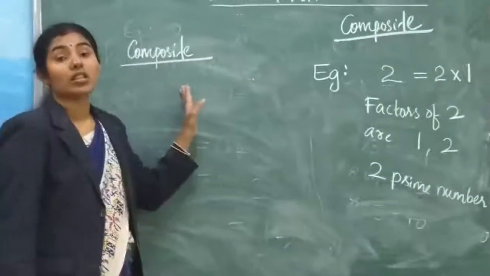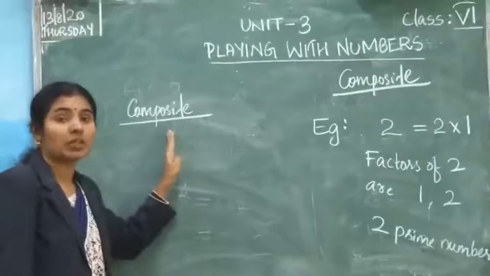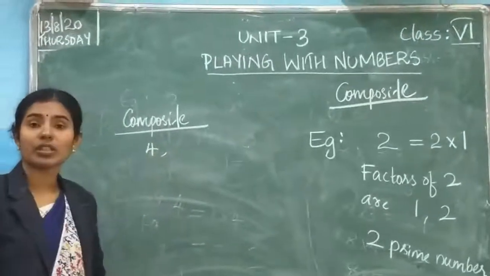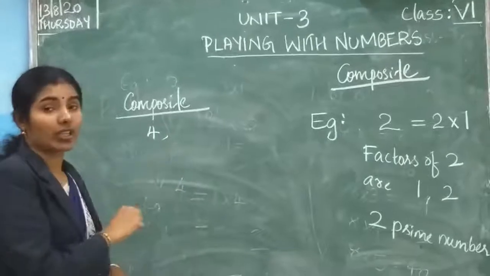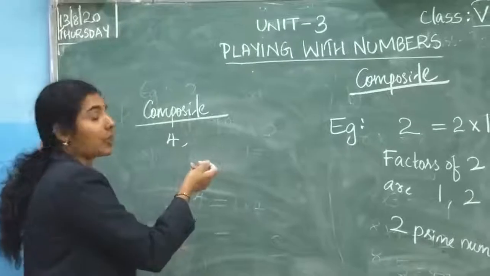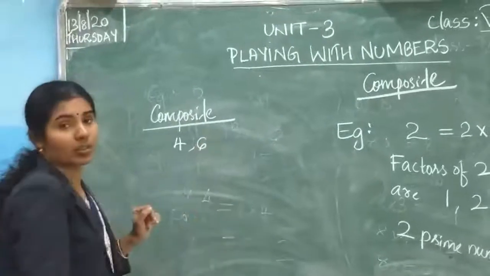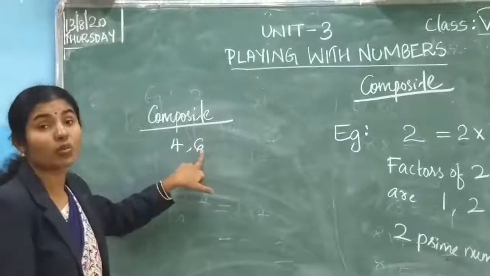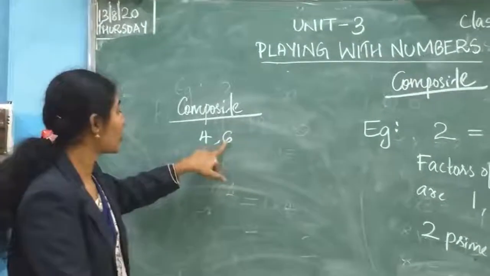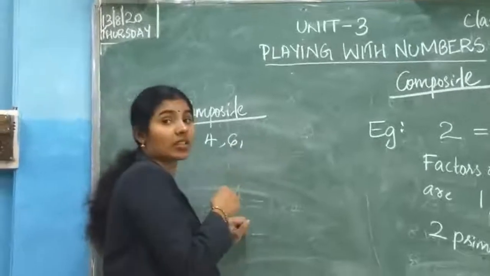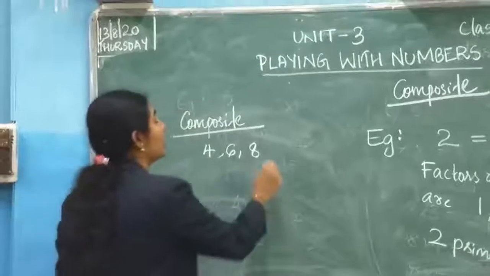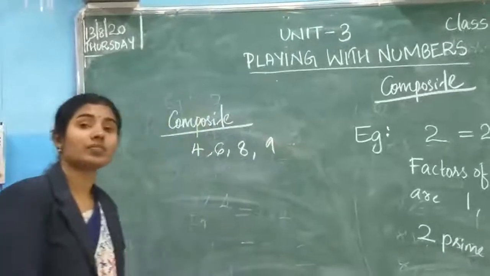See here, you know 2 is a prime number, 3 is a prime number, but 4 is a composite number. What about 5? 5 is a prime number, the only factors are 1 and 5. 6 is composite because 6 has more than 2 factors: 1, 6, 2, 3 are all factors of 6. 7 is a prime number. 8, composite number. 9 is a composite number.